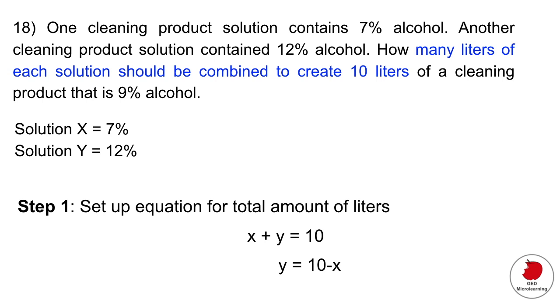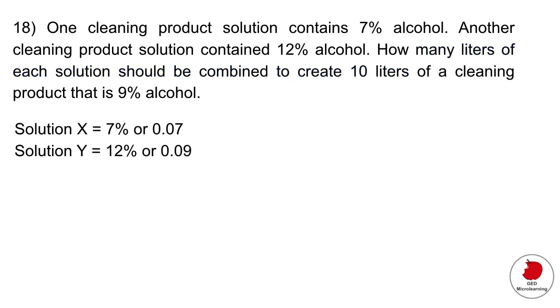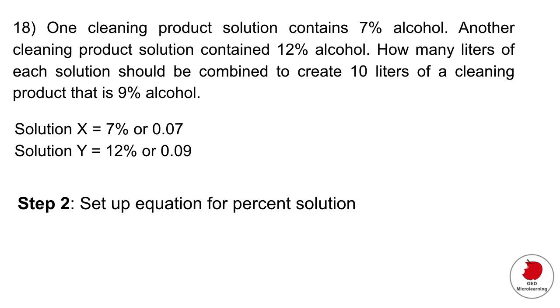All right, so you're going to forget this for a second, and now we're going to go back to our problem, and we're going to set up a second equation for the percent of the solution. First of all, we change those percentages to decimal form. So 7% would be 0.07, and 12% would be 0.12. I'm sorry, there's a mistake there. I wrote 0.09.